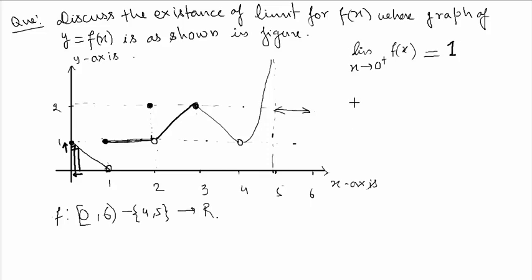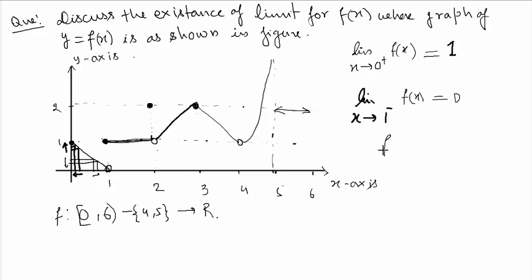Even limit x tending to 1 minus, what is the limit? The function at 1 minus is the left hand limit at 1. So you can see as we approach toward 1, this value approaches toward 0. So the limit as x tends to 1 minus of f(x) is 0.